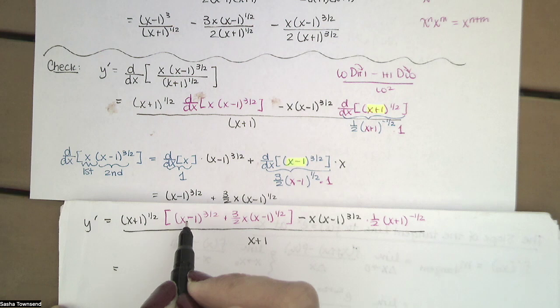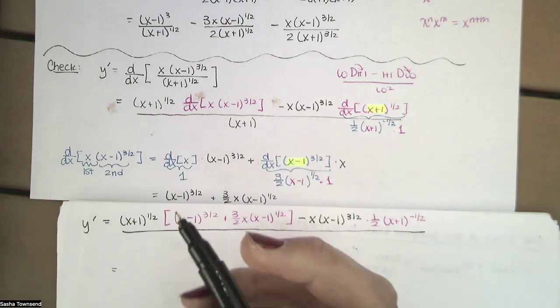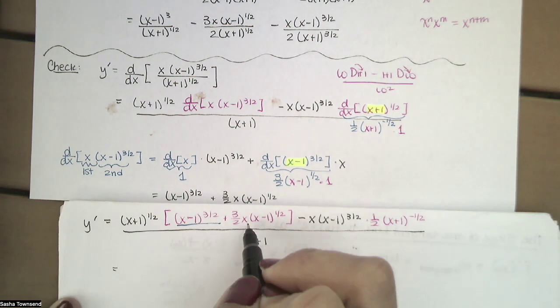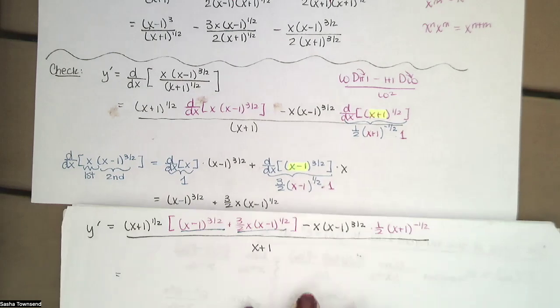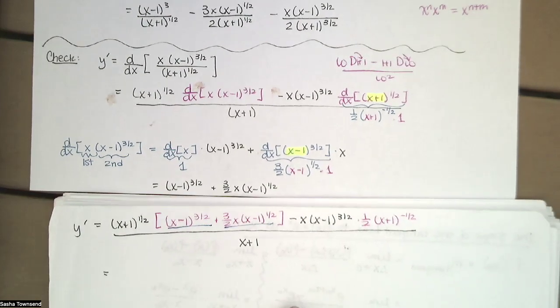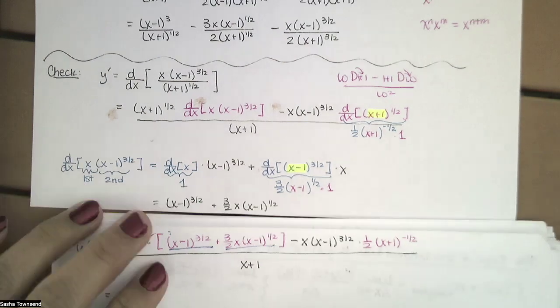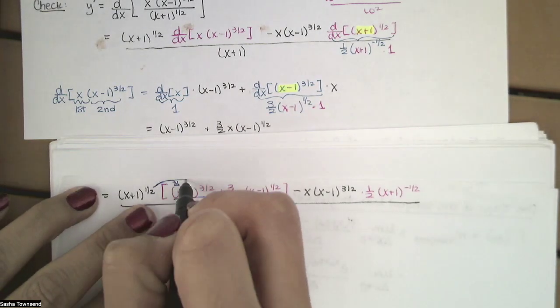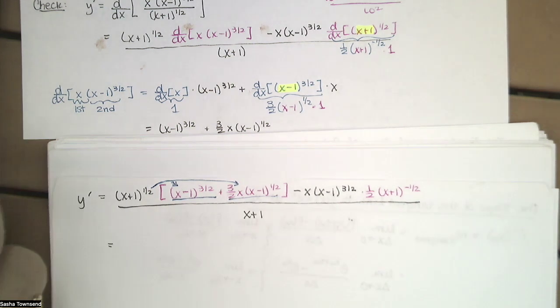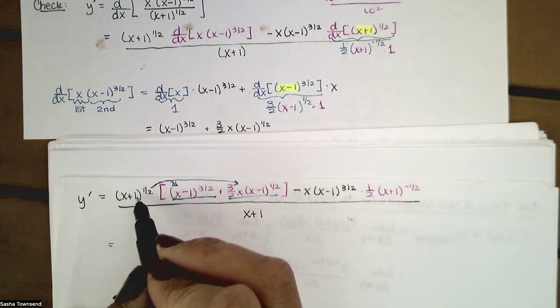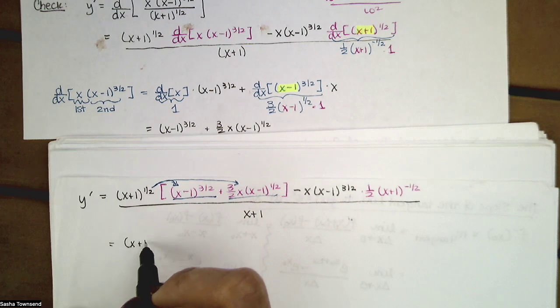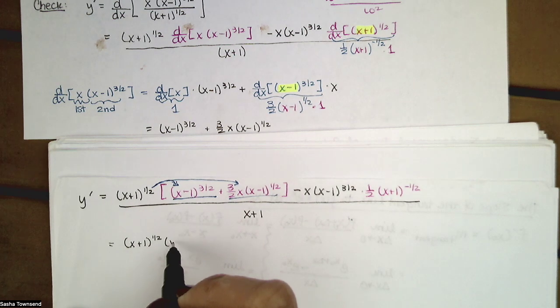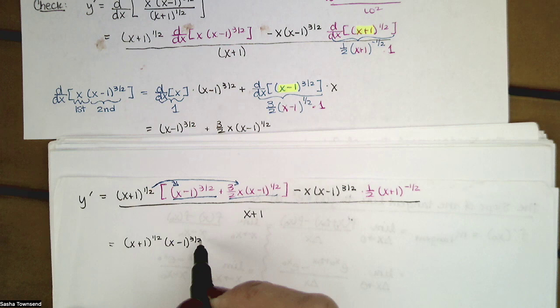So we're going to have this times this, just distributing, because you've got one term here and another term here, and you want to distribute. Excuse me. Having trouble with my pen. I'm going to distribute to there and to there. So we're going to have x plus 1 to the 1/2 times x minus 1 to the 3/2 as our first term.